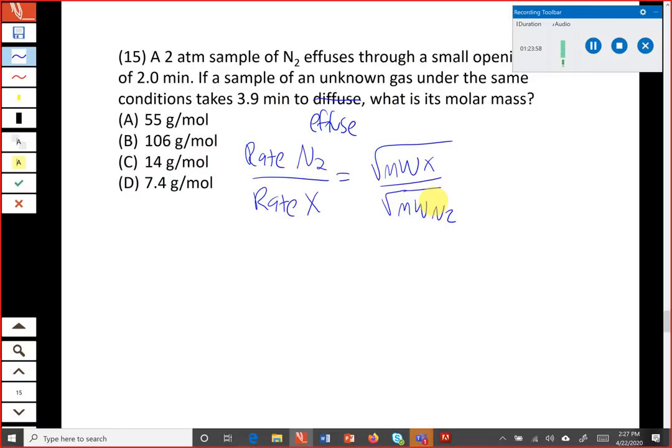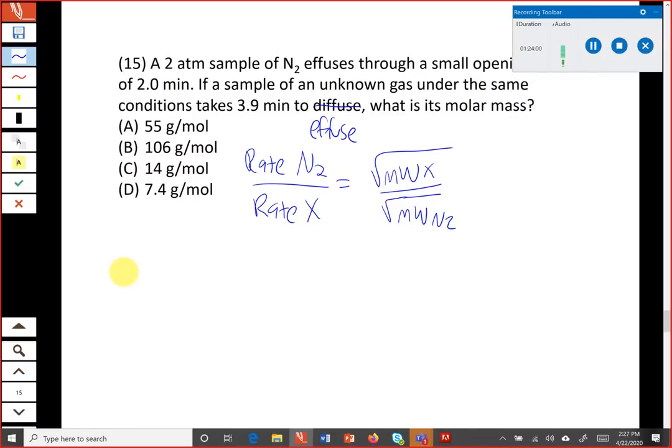But this question is dealing with the time that it takes. If something is effusing faster, it's going to take a smaller amount of time. If something is effusing slower, it's going to take a larger amount of time. So if we're writing the equation in terms of the time it takes to effuse or diffuse, N2 over X in the same way, we have to flip the other side of the equation, because something with a larger molar mass takes longer to effuse or diffuse.